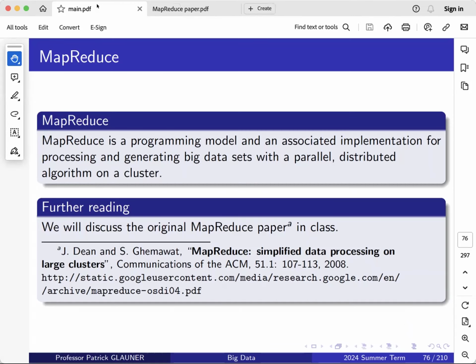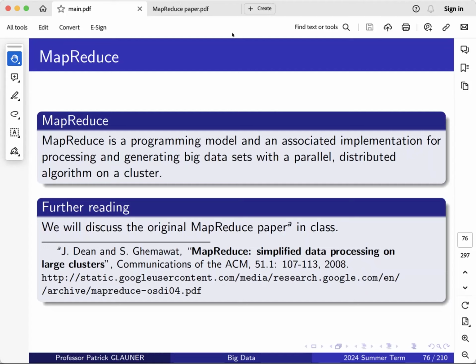So Google introduced that internally, and they trained their software engineers in rethinking algorithms in terms of two stages: map and reduce, and write the corresponding functions, and then put them in the MapReduce system that was provided by Google at that time, and then the parallelization was taken care of.